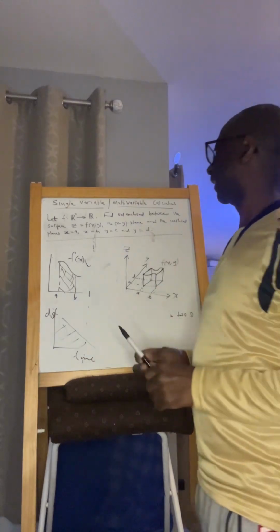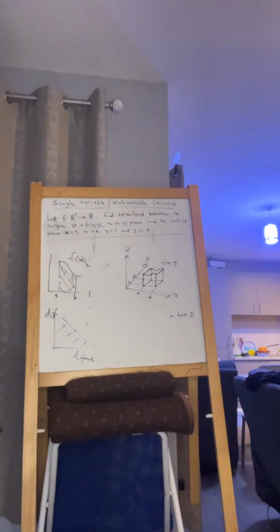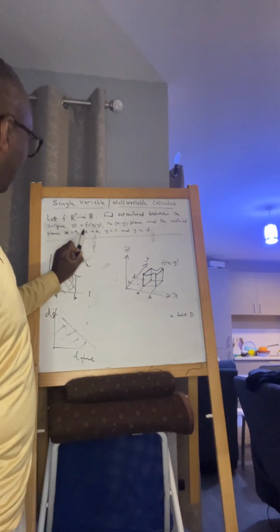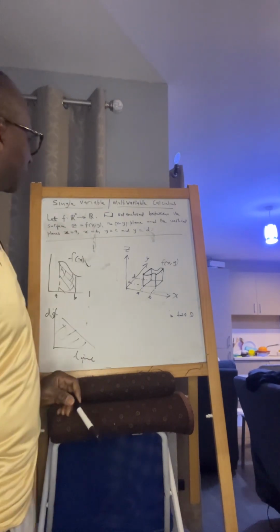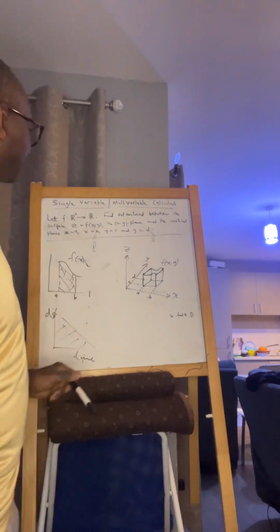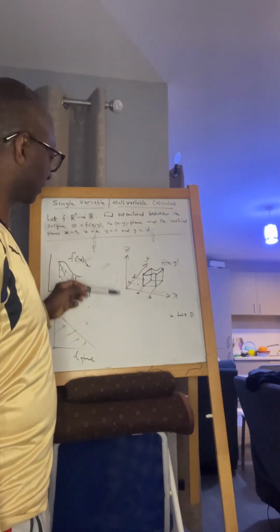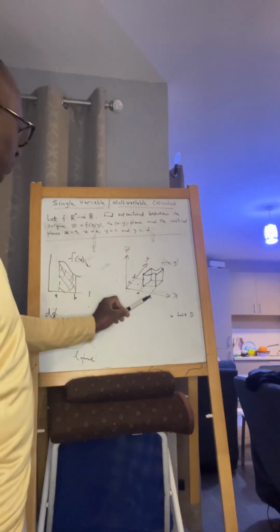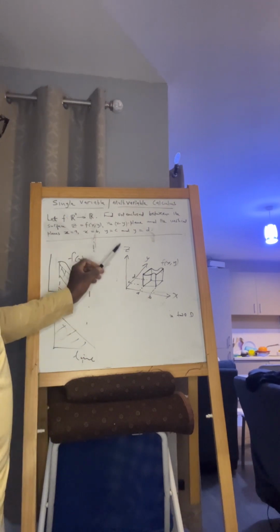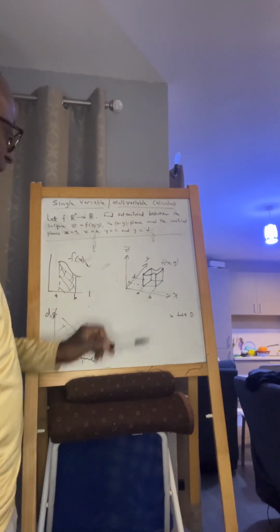We want to find the volume enclosed between the surface z equals f of x, y, the plane xy, and the vertical planes x equals a, x equals b, y equals c, y equals d.